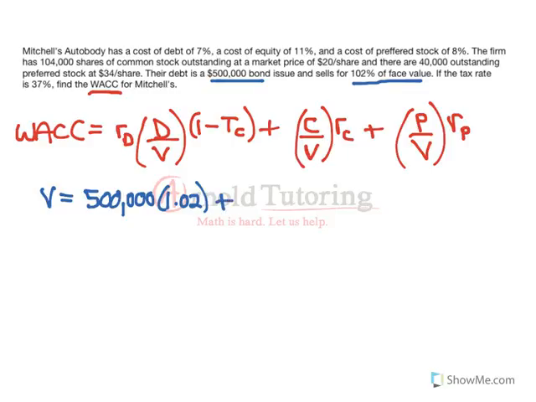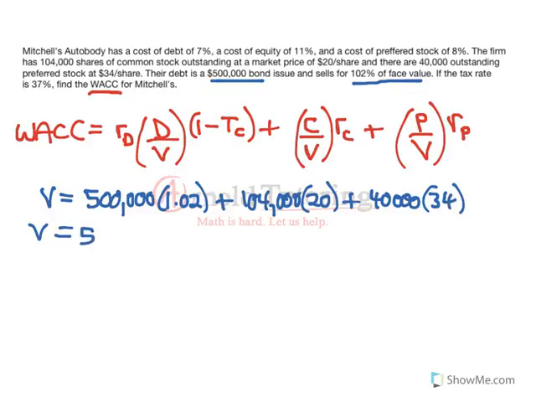How about the common stock, or the common equity? So it has 104,000 shares at $20 a share. So that's nice and easy. And the preferred piece is also part of the value of the firm, 40,000 shares at $34 a piece. Okay, now I'm going to add this all together eventually, but right now I'm going to keep it separate. So this is 510,000.